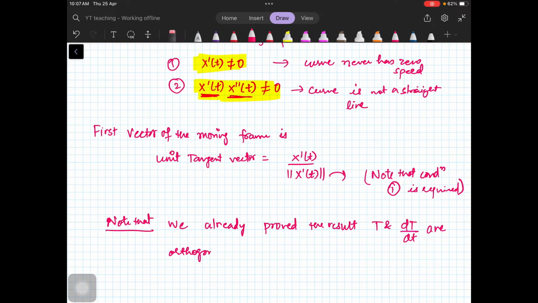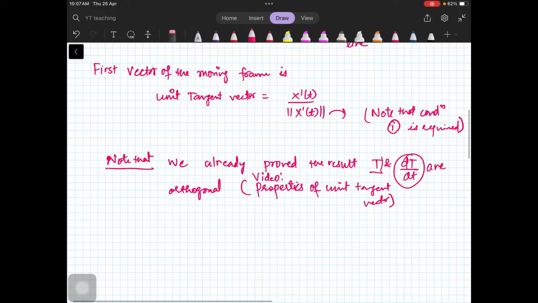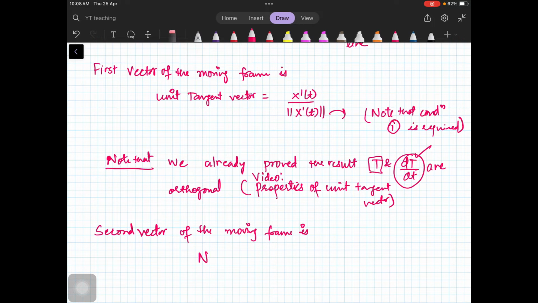We proved this in the video titled properties of unit tangent vector, so you have to refer to that video. So now we know that this vector is perpendicular to this vector, and this should be our second candidate. Therefore, the second vector of the moving frame, I call it the N vector, which is called the principal normal vector.